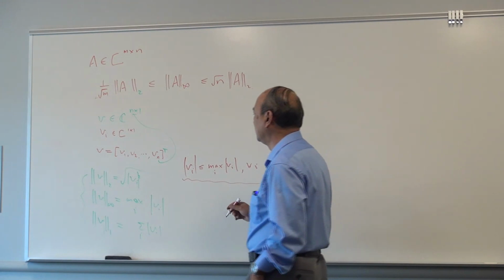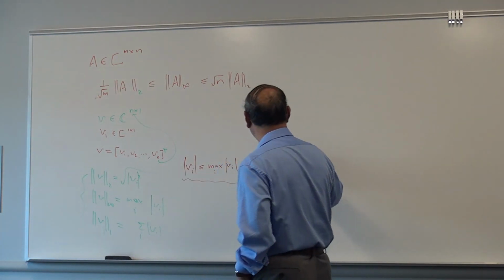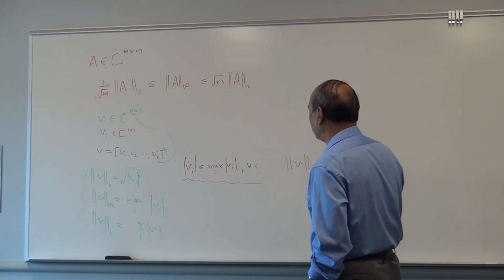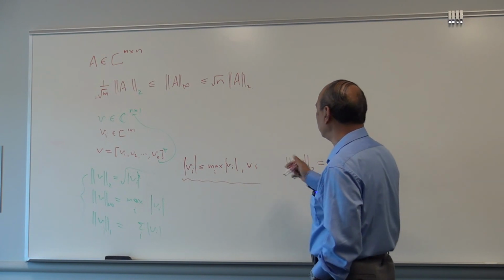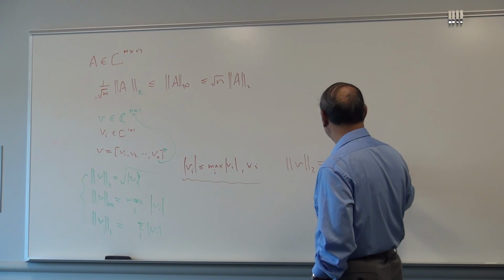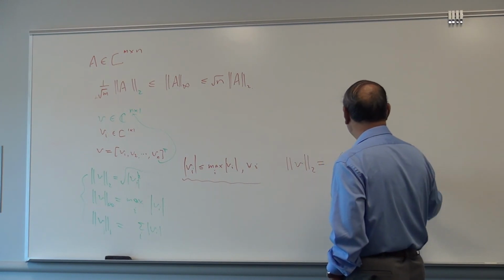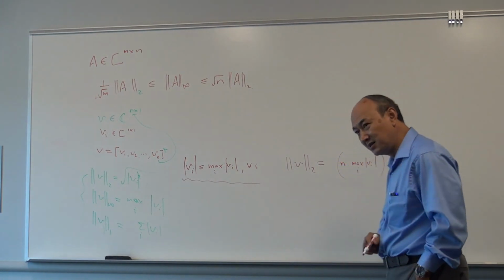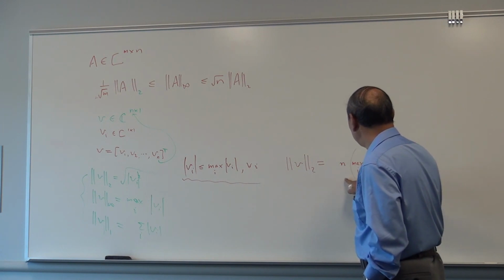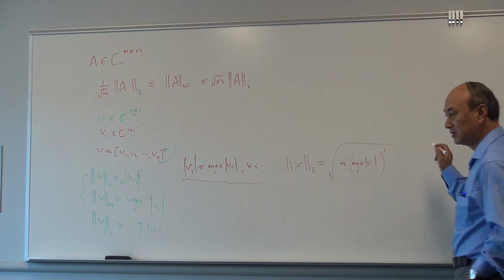So for the 2-norm, you put everything together and have n of them, each at most the max, squared, then you take the square root.